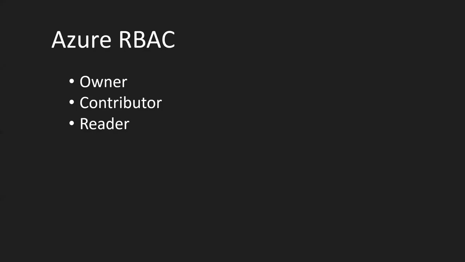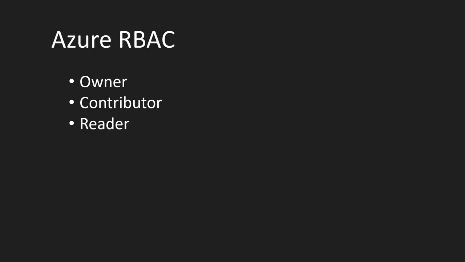If you have worked with Azure, you're most likely very familiar with the main roles in Azure. But if you have not worked with it before, I'll just give a really swift recap of what they are. The three main roles are owner, contributor, and reader. The owner role can do everything: create resources, modify resources, plus add other user access rights as well.